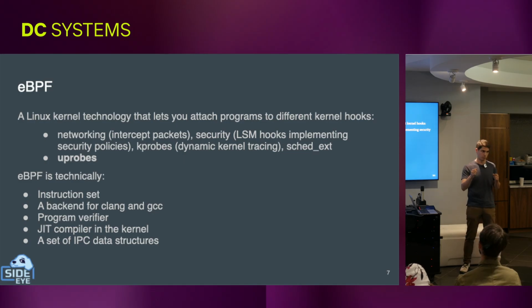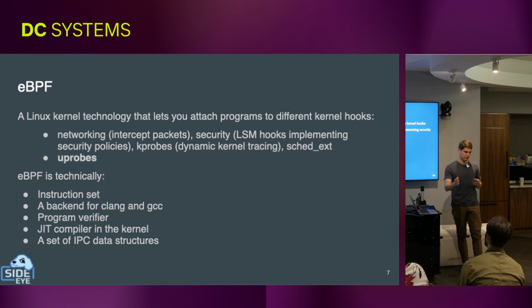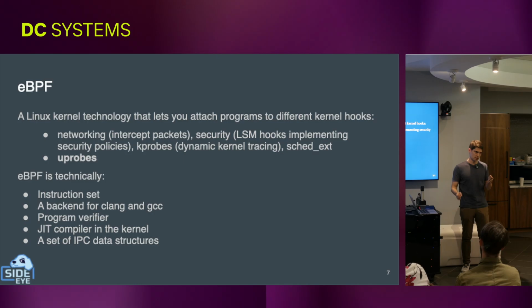And it also verifies that your program will finish in a finite number of instructions. There's also a JIT, a just-in-time compiler for BPF in the kernel, which compiles these programs to native code for your CPU architecture, and also a set of data structures for inter-process communication, such that BPF programs can produce data that is then consumed from user space, from the outside world.